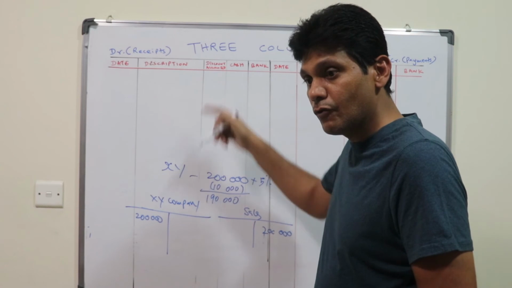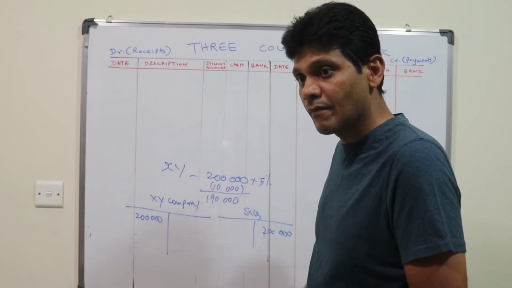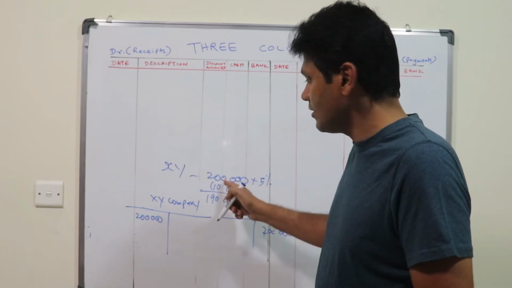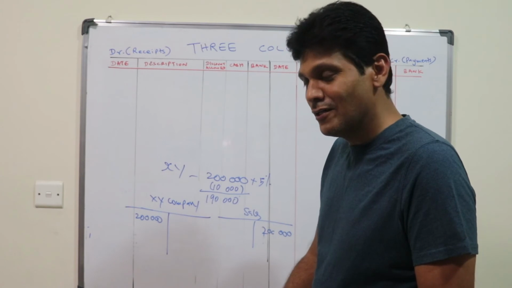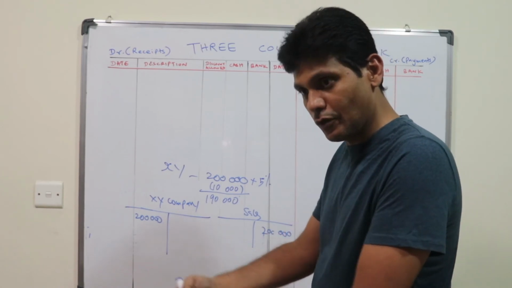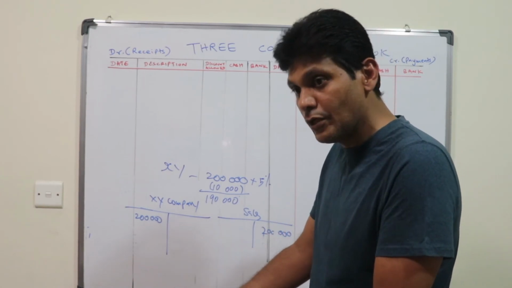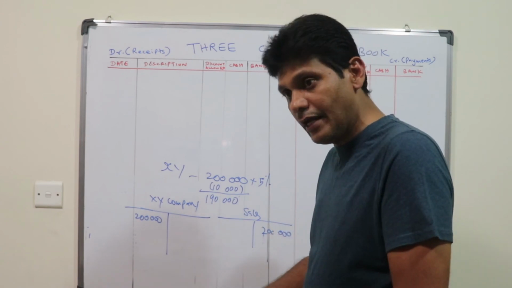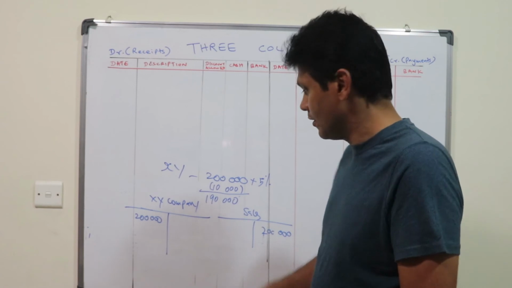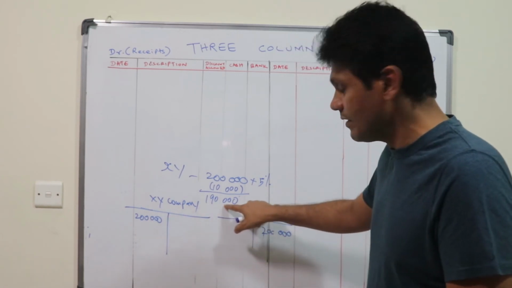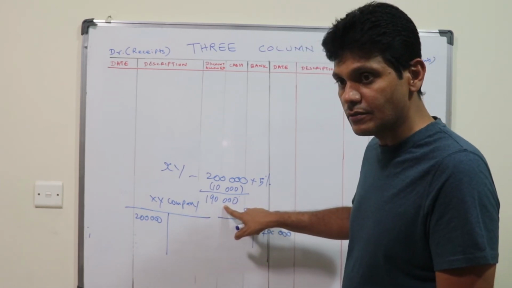From the company's point of view, you are receiving cash. Otherwise, this cash is with the customer and you can't do anything. By having goods, can you do anything? No. You need to sell and encash it. You need to receive cash.